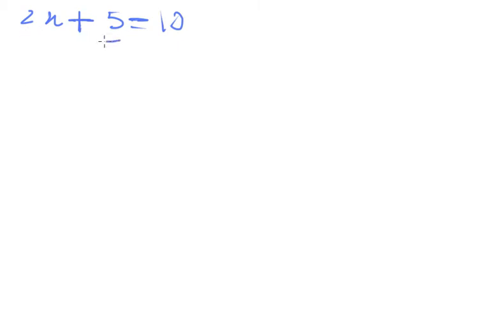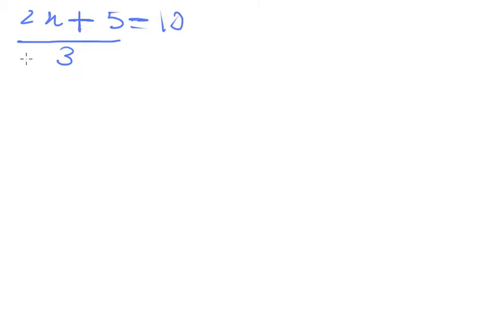And I want to make it a little bit more complicated, so I'm just going to divide this by 3. Okay, so let's see how to solve this problem. 2x plus 5 divided by 3 is equal to 10.